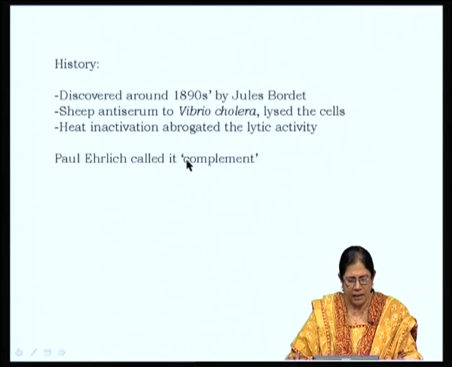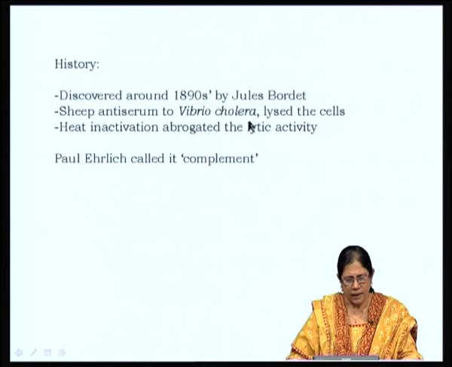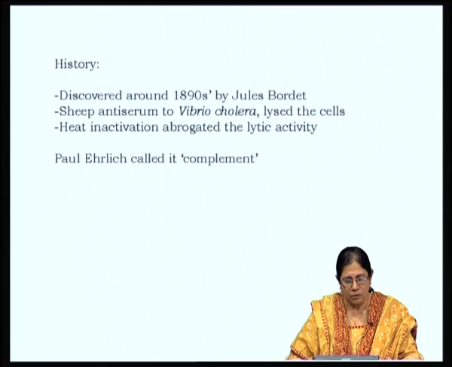He had made sheep antiserum to the bacteria Vibrio cholerae and found that under certain conditions, when the Vibrio cholerae were incubated with this antiserum, there was lysis of cells. He found that this happened when the antiserum was rather fresh or recent.